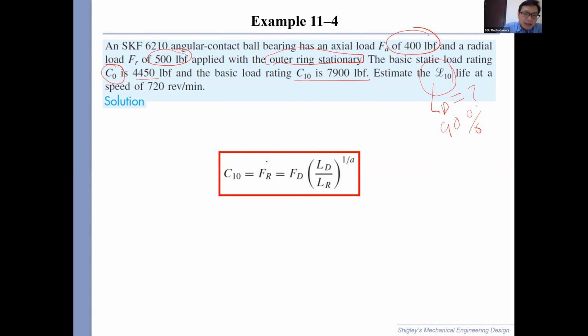Here we have the original formula, but before we use that, this load has to be replaced with what is called an equivalent load. This equivalent will be a combination of radial and axial. How we combine them is the big question, so we're going to do that next.